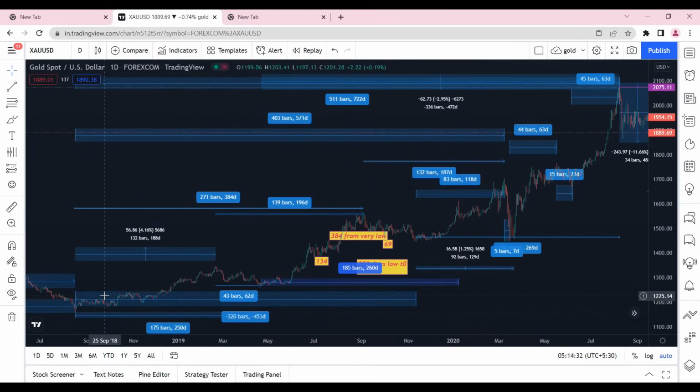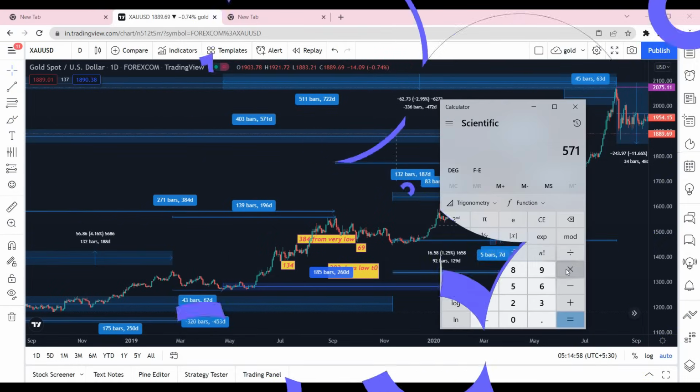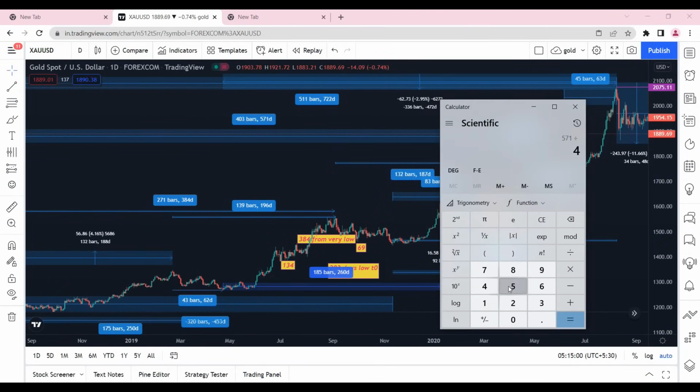Now I'm going to take from this low to this high, 571. The next one is 453. So low to high, from the low to this low, 453 into 571.